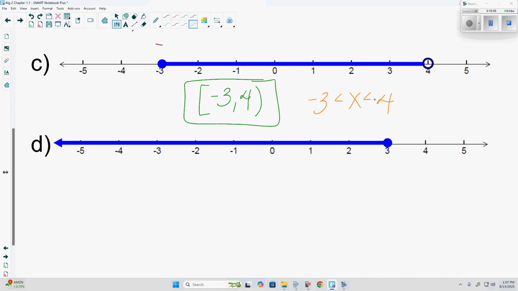This is a compound statement, so we put X in the middle and the arrows would go the same direction. -3 is less than X is less than 4. And since -3 is included, we would say less than or equal to as the inequality.